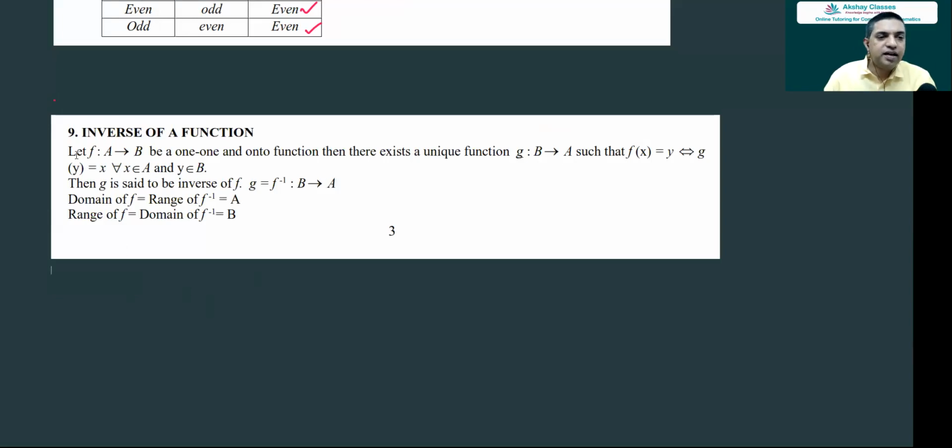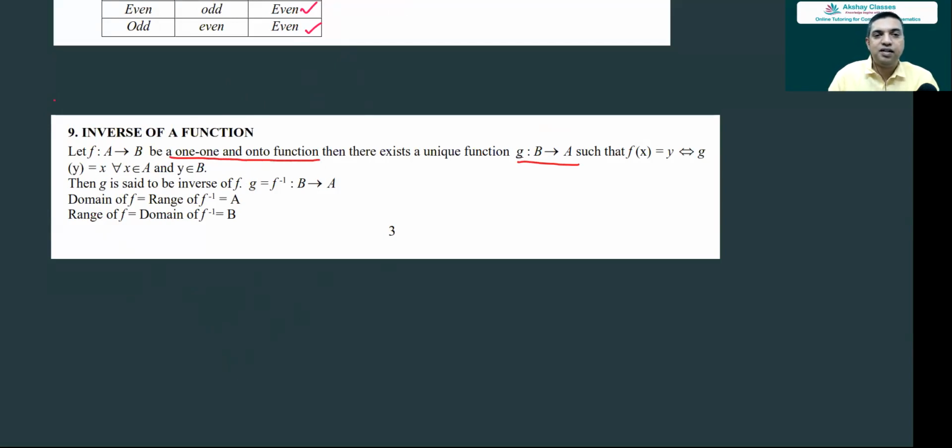If A to B is a 1-1 function, an onto function, then there exists a unique function g mapping B to A. Of course, for inverse to exist, function should be bijective. It is a 1-1 and onto function.